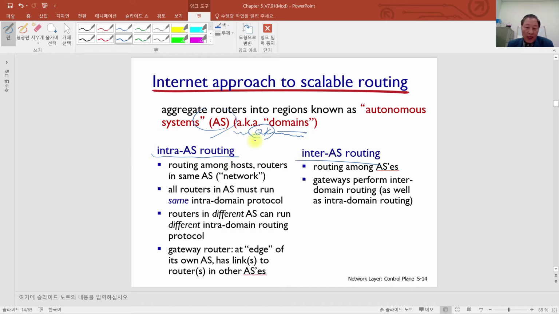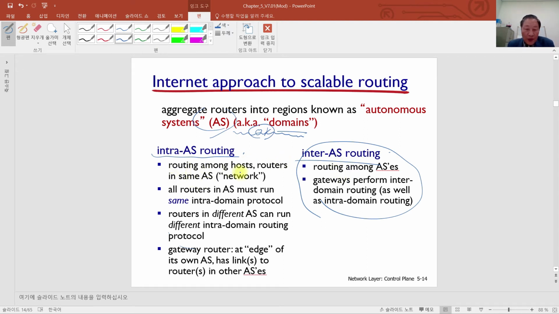Intra-AS is within the autonomous system, inside, internally. Inter-AS is outside, externally, and we need a different protocol for this. This one is the interior gateway protocol and this one is the exterior gateway protocol, which we learn in the next slide.